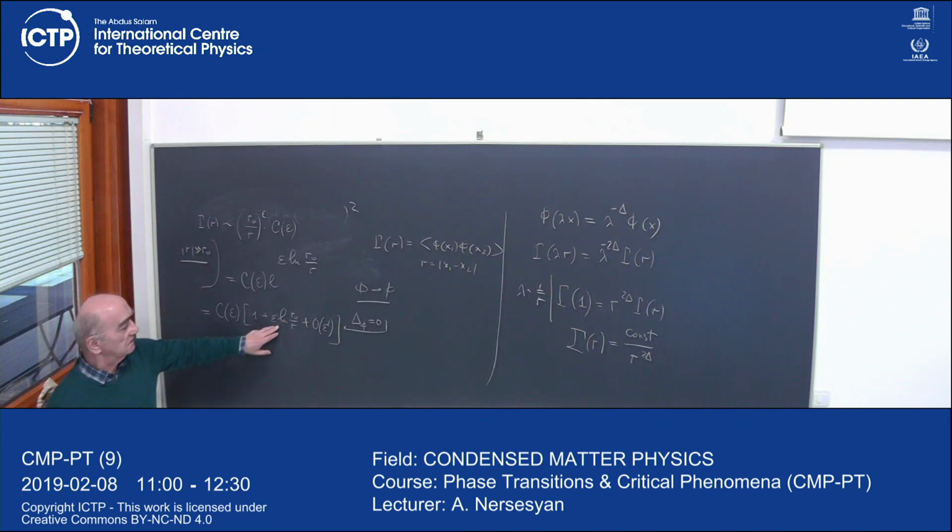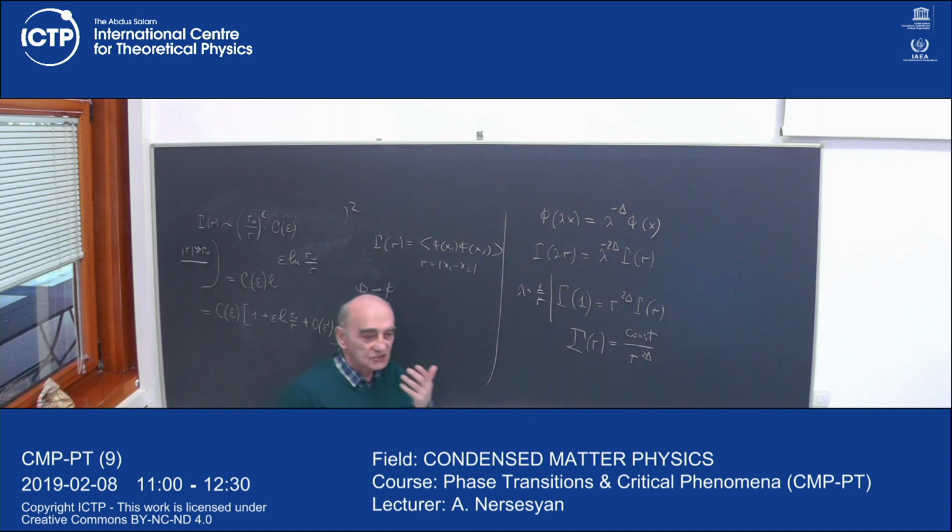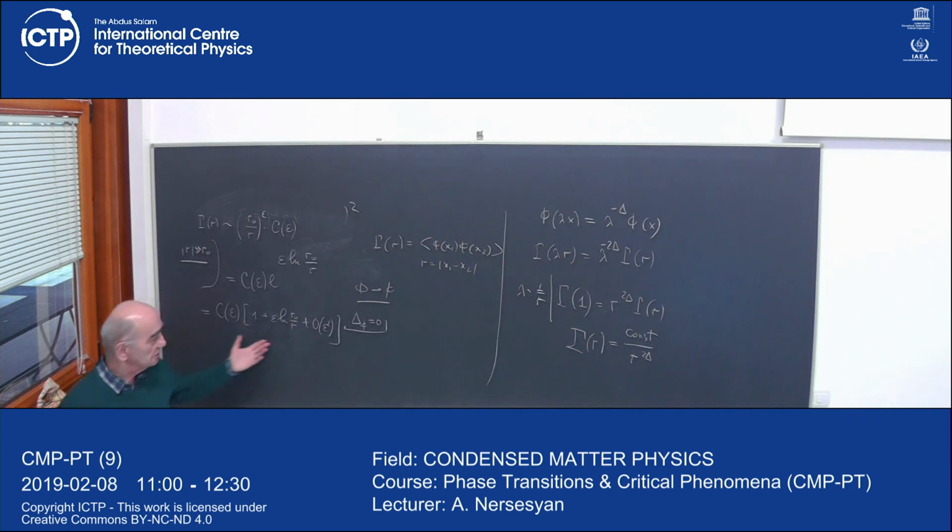We want to achieve one thing. We want to find out, is there any dependence on the distance which survives the limit epsilon goes to 0? The first sensible thing which emerges in this discussion is this logarithm. But it has in front this coefficient epsilon.